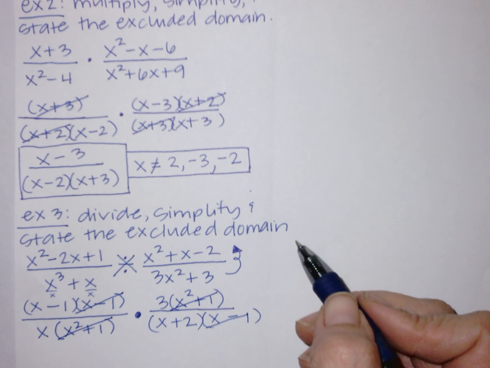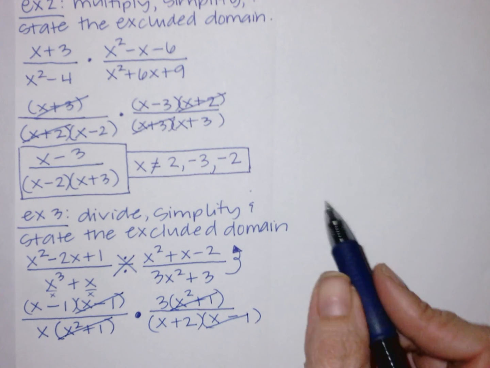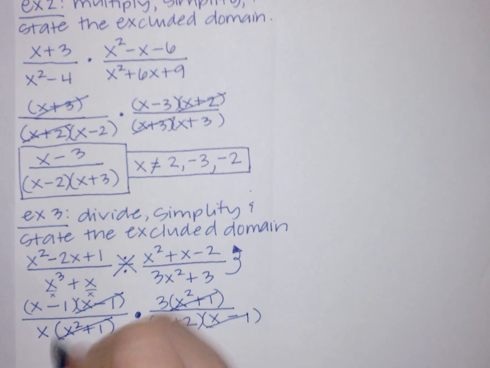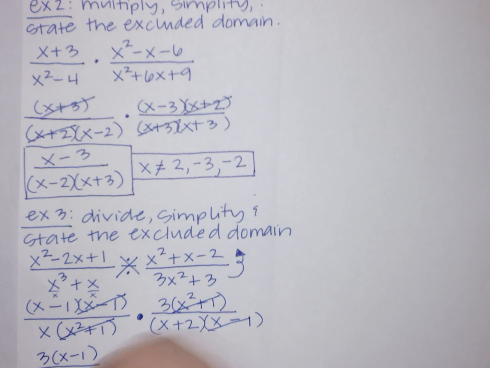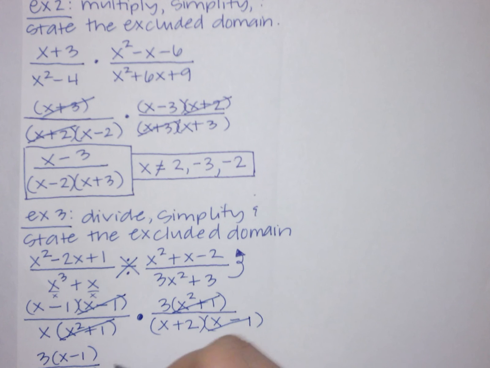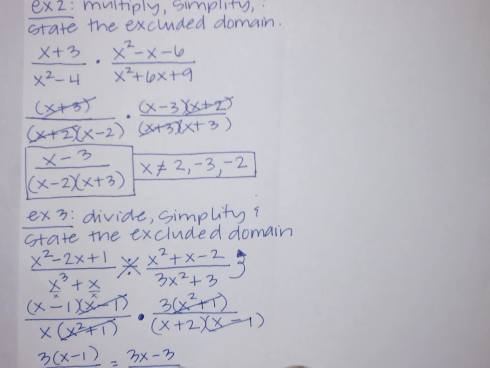And then what you want to be careful of is making sure that you don't forget little coefficients on one side or the other. So this is going to be 3 times x minus 1 all over x times x plus 2. If you prefer, you can write this as 3x minus 3 all over x squared plus 2x.